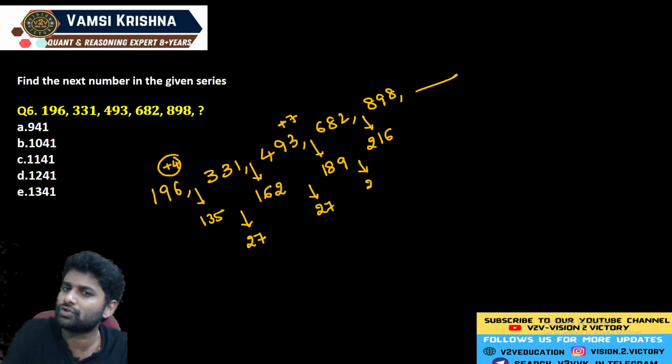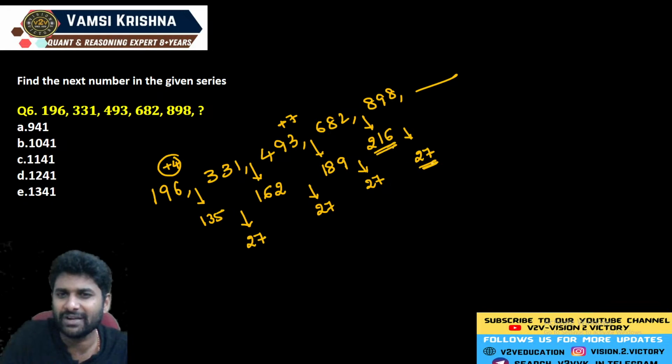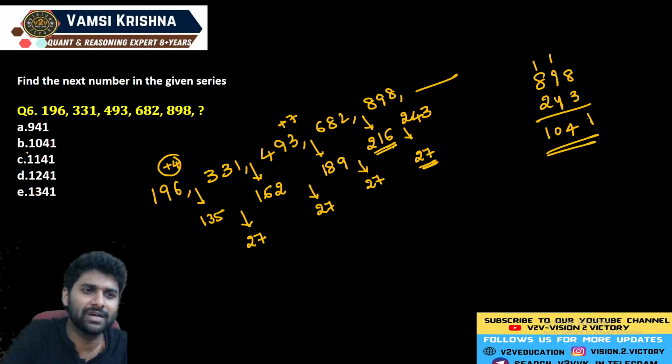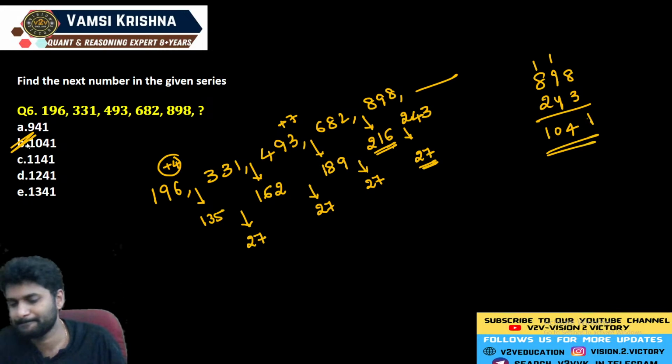If you go through the double difference, it's a common value, guys. It's increasing by exactly 27 units. So 216 plus 27 is 243. Now the answer, 898 plus 243, is your result. So your answer is 1041, guys.